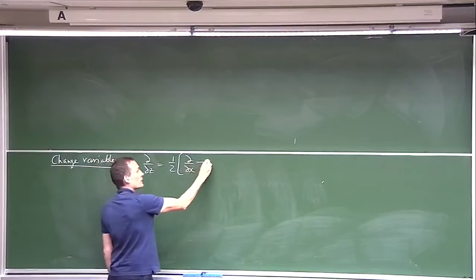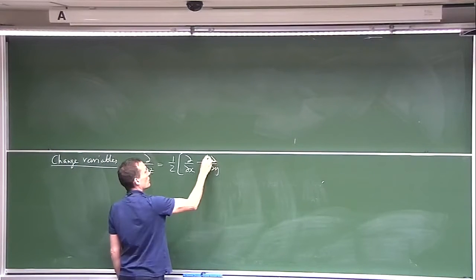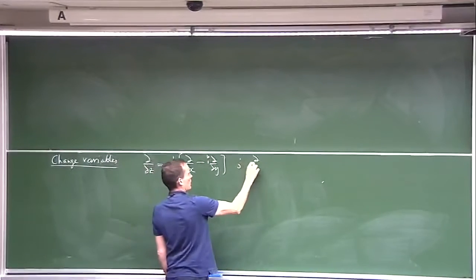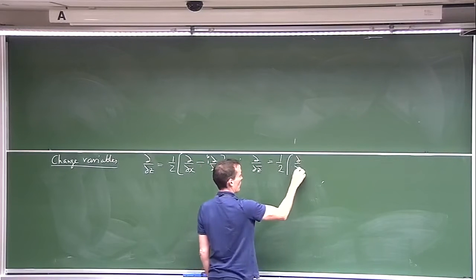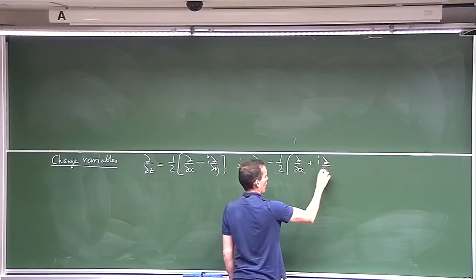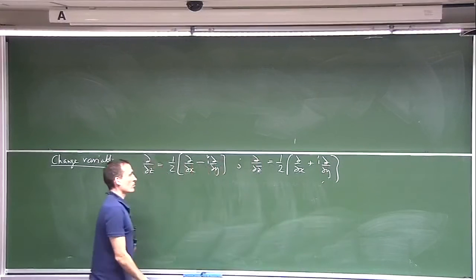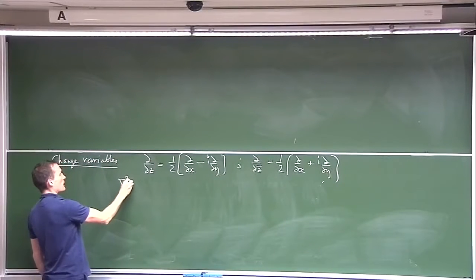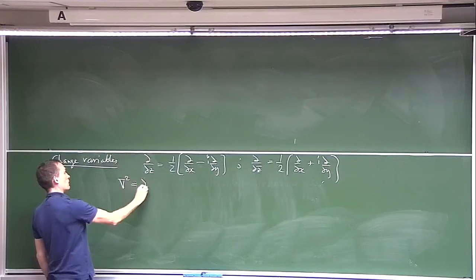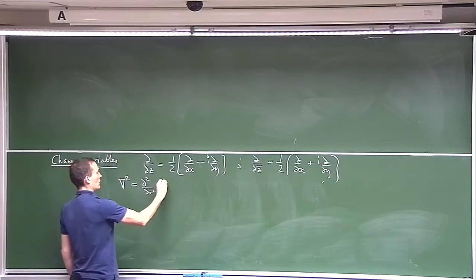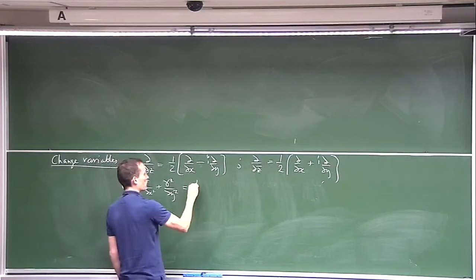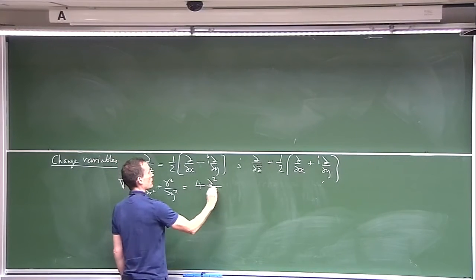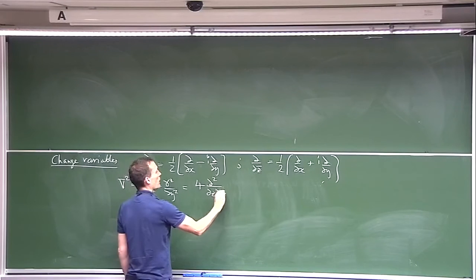So we notice that del squared is 4 d squared by dz dz bar.